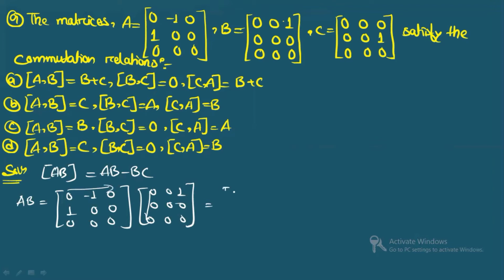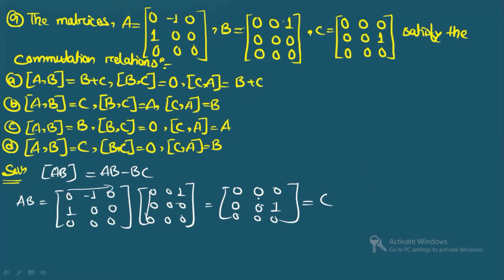When you do so, you will get 0. The second one also will give you 0. The third one, you will get 0. Again this and this, you will get 0. The other one is also 0. Here you will get 1 into 1 plus all the other terms are 0. And this is 0. So all the other elements will be 0. If you see this, this is the matrix C, right?